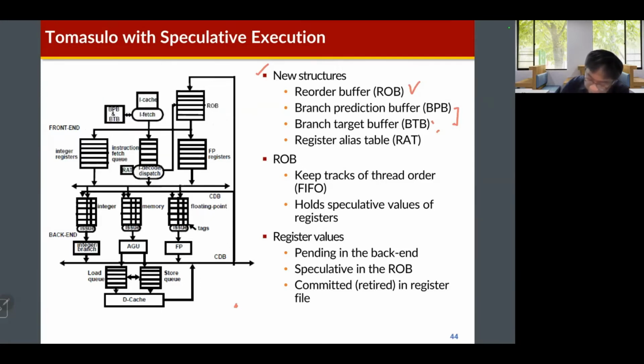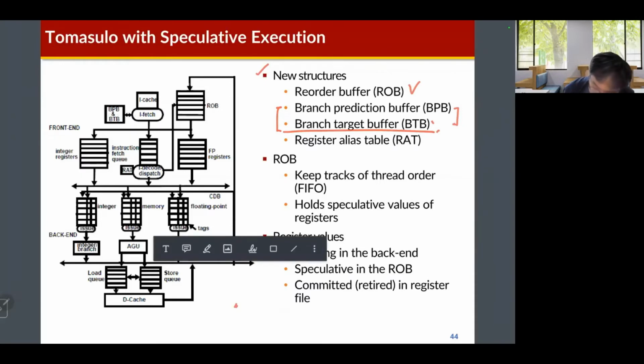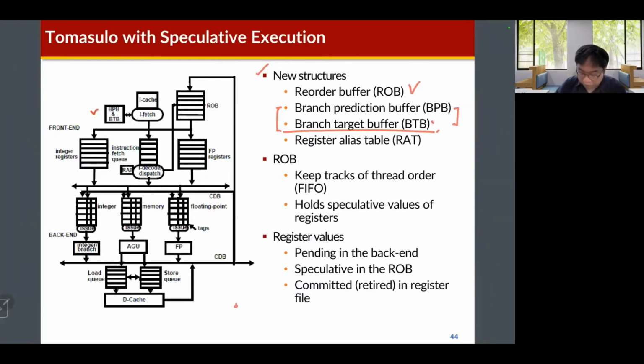First, the branch prediction buffer and the branch target buffer. We will also learn about the branch prediction buffer later. If you see them, you can find that they are connected to the instruction fetch engine. With the branch prediction buffer, the result of the branch instruction is predicted, and the branch target buffer estimates the target of the branch instruction. So the BPB decides taken or not taken.